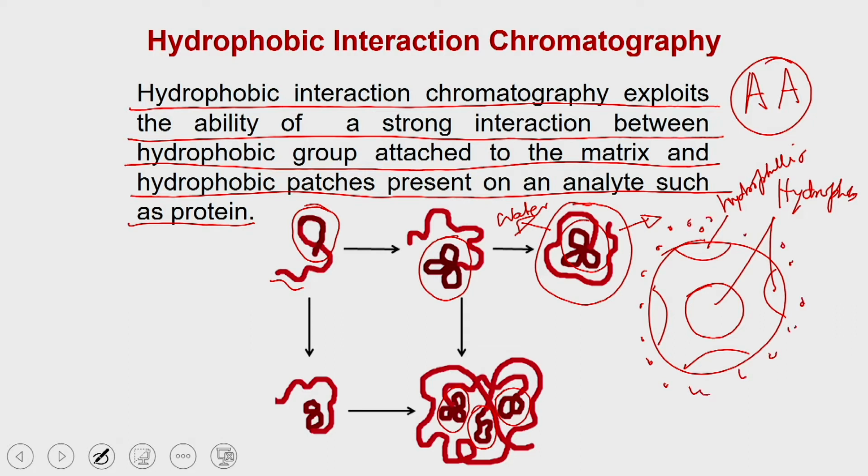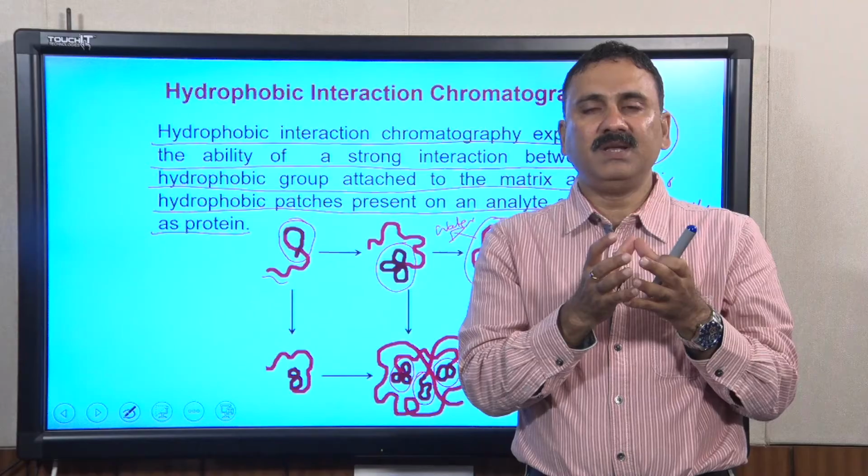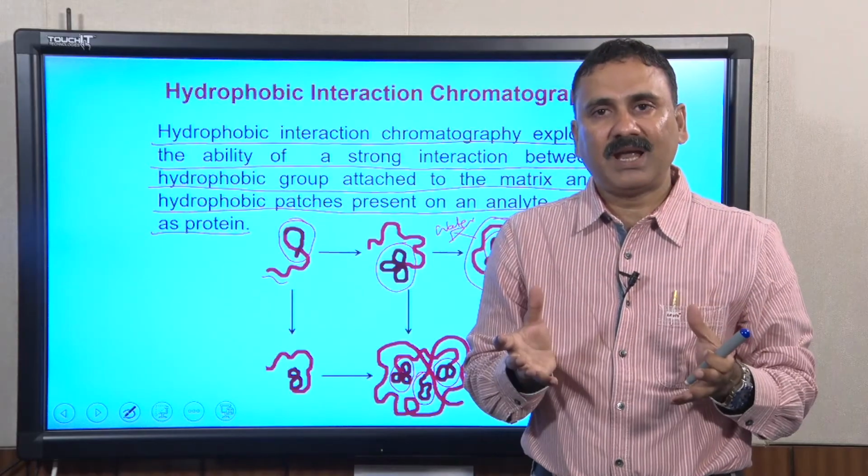Every protein present in a biological fluid is covered by small, tiny water molecules, so that the protein is always present in an aqueous environment, and that protects these proteins and conserves their biological activity.